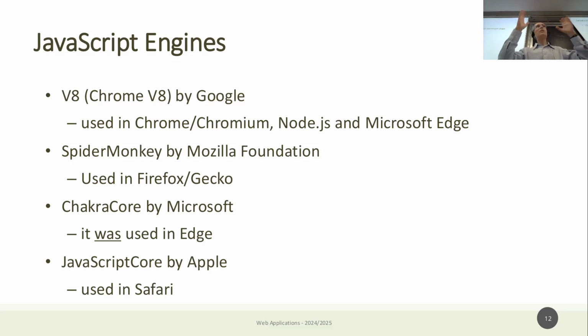JavaScript is a standard, we said, and the implementation, so the code that is able to interpret JavaScript, so read JavaScript and execute the code, comes in different flavors. Okay, so there are different JavaScript so-called engines.